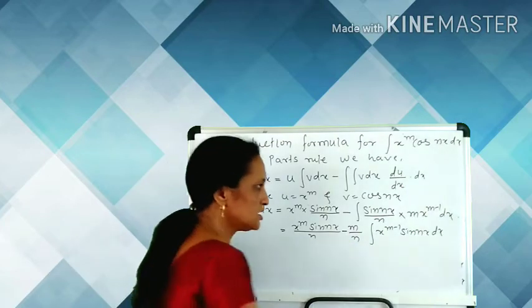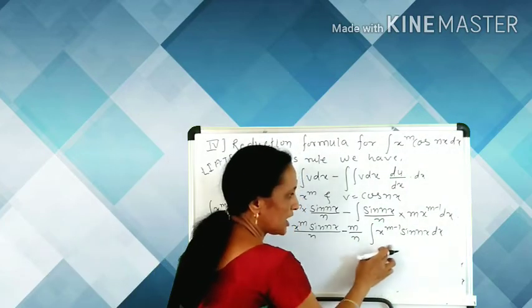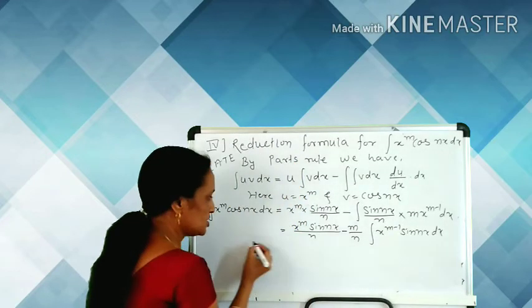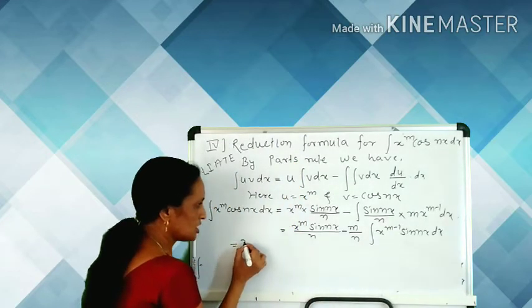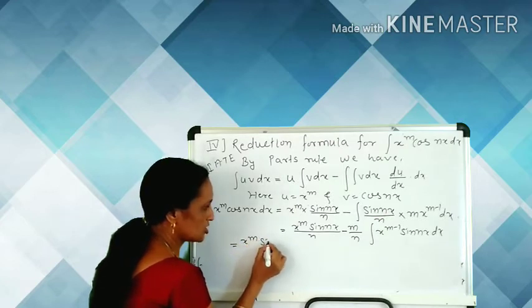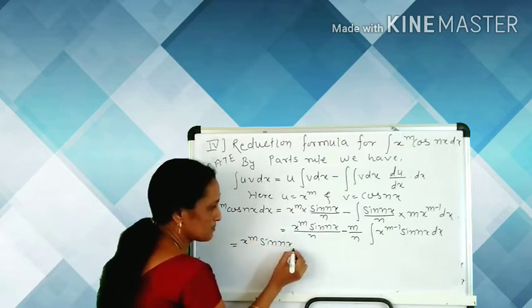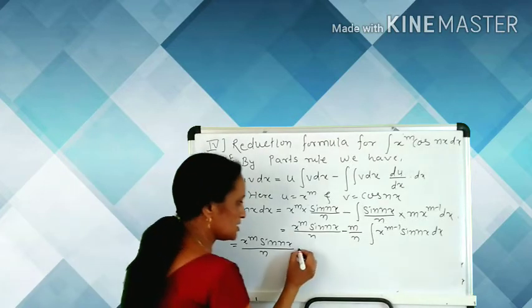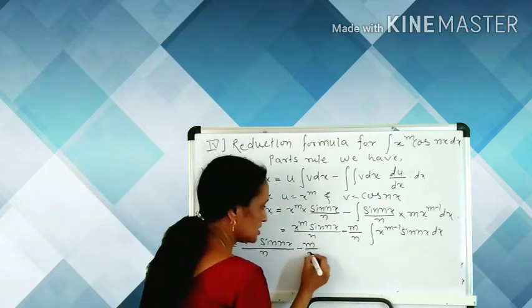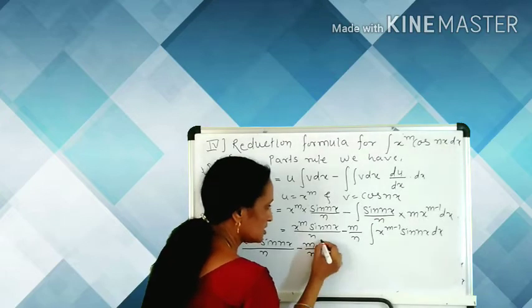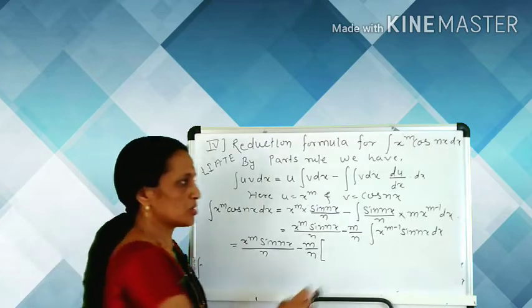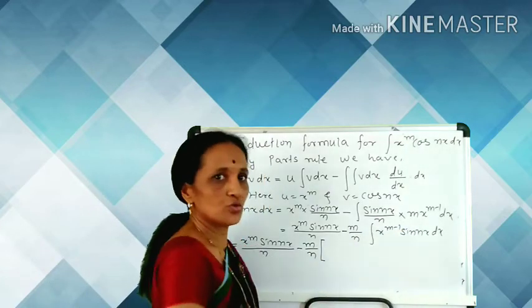So for this integral we again use the by-parts rule. The first term is the same, minus m by n, and here we again use the by-parts rule for finding the integration of these two.